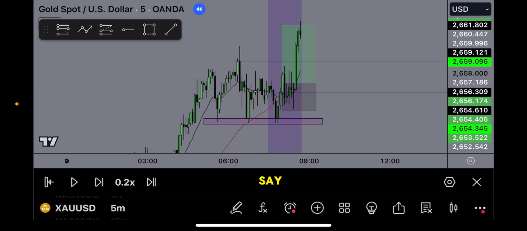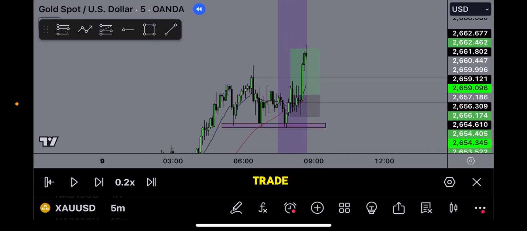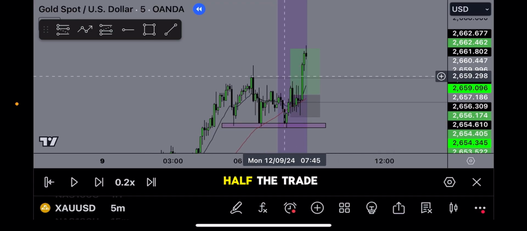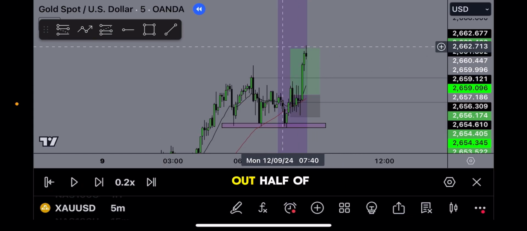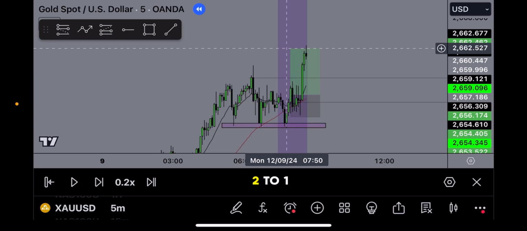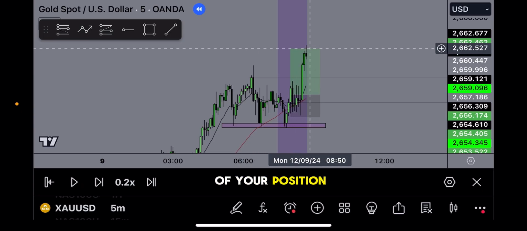So let's say, okay, you got your 1-to-1 and you got your 2-to-1. Take profit got hit. But you still want to maximize the most of your trade. So now you already closed out half the trade at 1-to-1, and you closed out half of that half at 2-to-1. So now you still got 25% of your position still open in the trade, right?